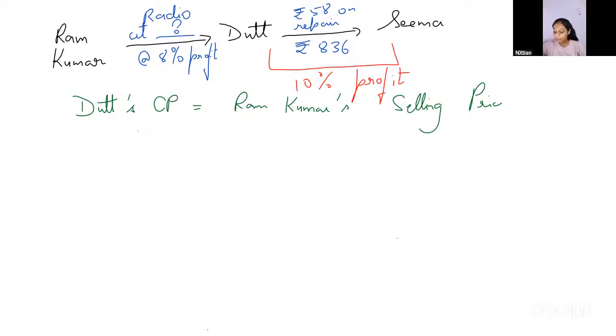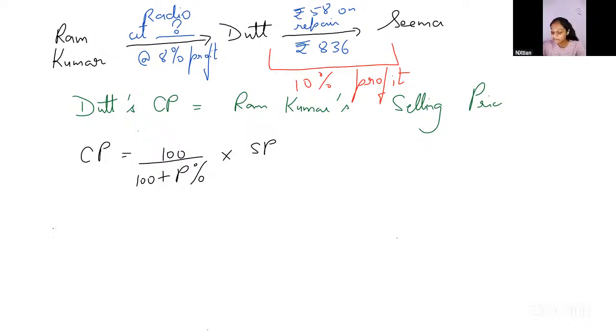What is the formula of cost price that I taught you? Cost price equals 100 upon 100 plus profit percent into selling price. This is the formula I taught you all for cost price.